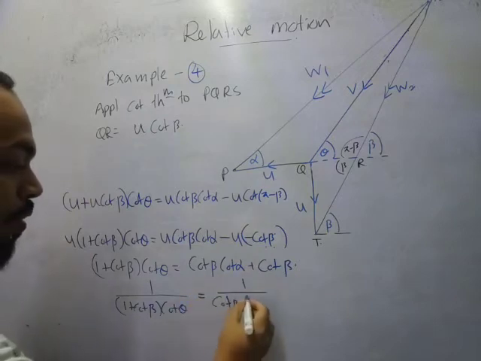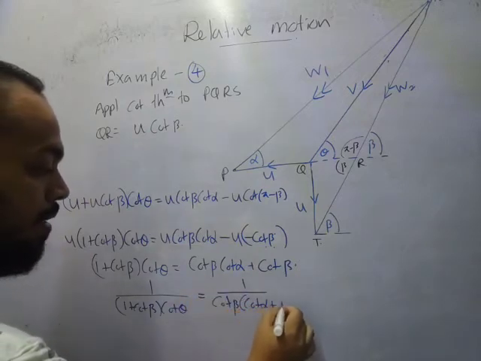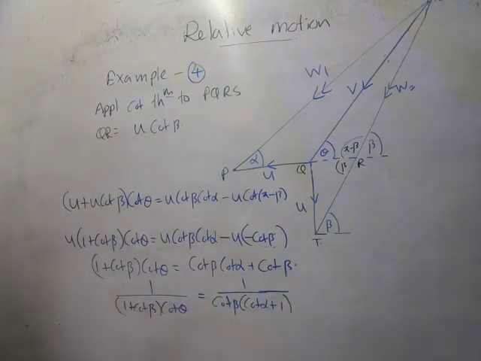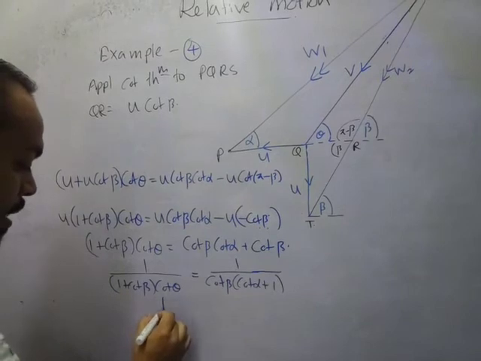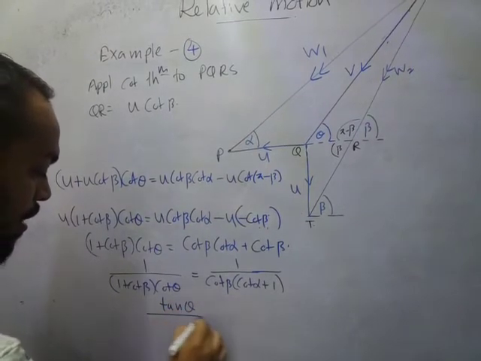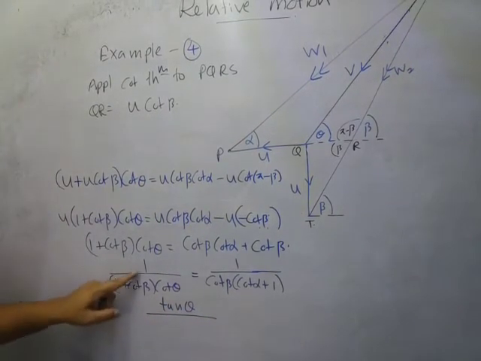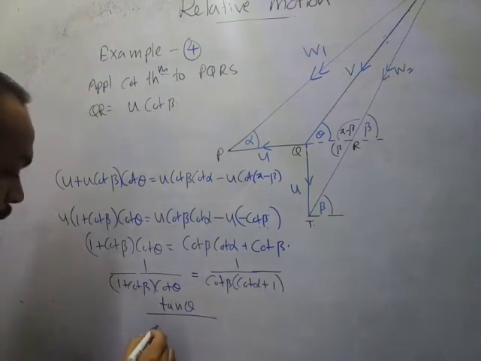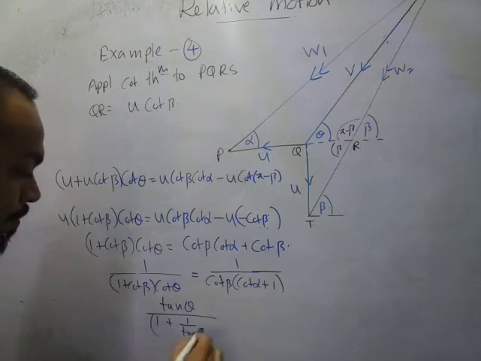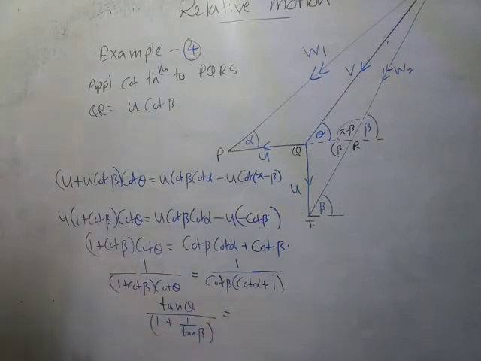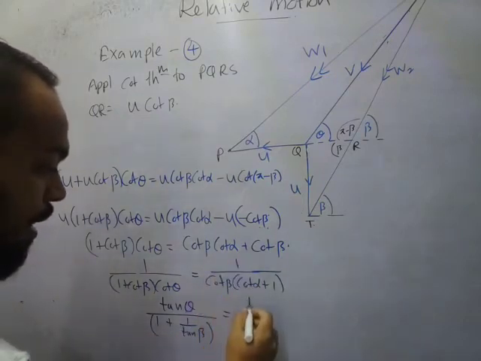1 plus cot beta cot theta equal 1 over cot beta. I can factor out cot beta, so cot alpha plus 1. Right, cot alpha plus 1. So 1 over cot theta means tan theta. මට මෙතන 1 plus 1 over tan beta ගන්න පුළුවන්, then 1 plus 1 over tan beta equal මේ side එකේ this should be tan beta.